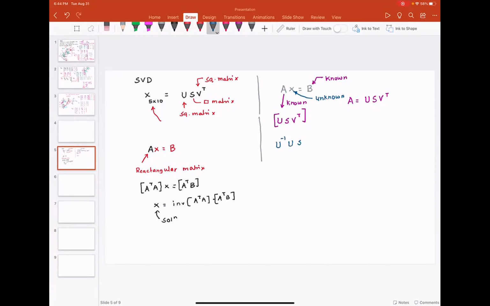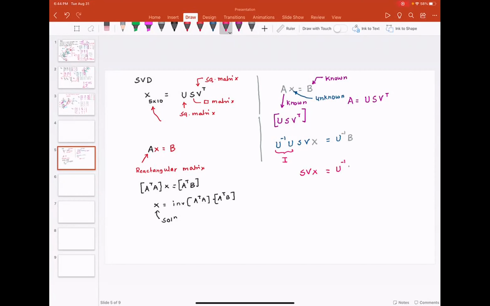U S V transpose X is equal to, once again, X is the unknown, U inverse B. This can be solved, and this becomes identity. Then I have S V transpose X is equal to U inverse B.